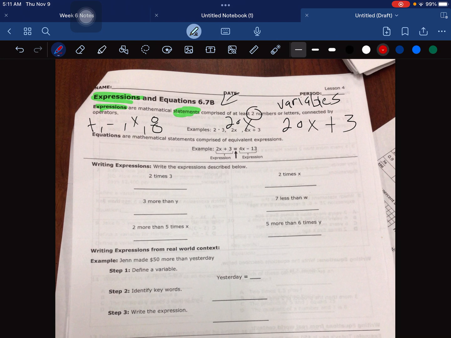Now, here's the difference. Equations are mathematical statements comprised of equivalent expressions. Now, equations, chicos, are going to have an equal sign. So the first part, equal, should help you remember that you need this equal sign. Necesitas este símbolo.